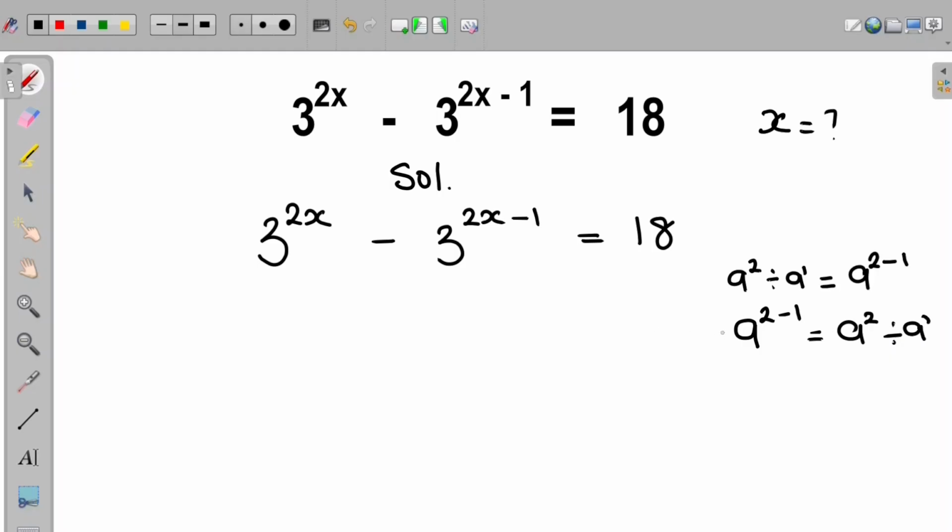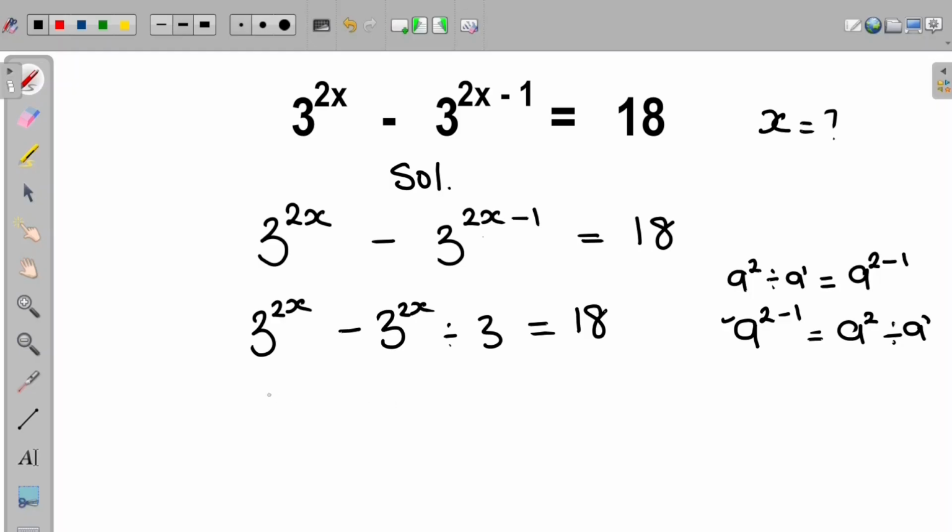Let us apply this knowledge at this point. So this becomes 3 raised to the power of 2x minus 3 raised to the power of 2x divided by 3 equal to 18.